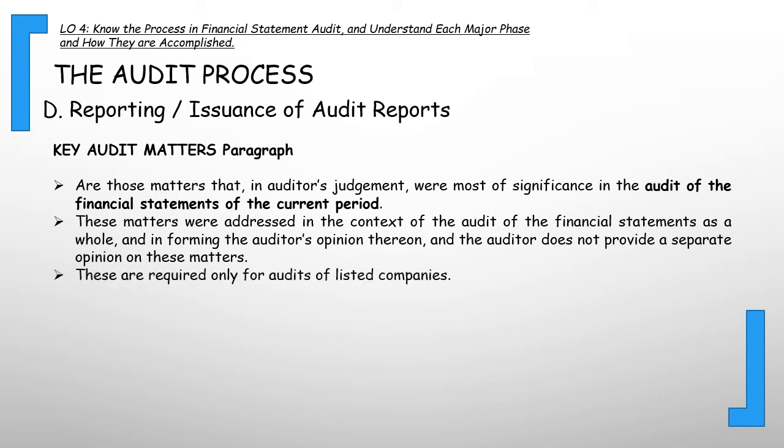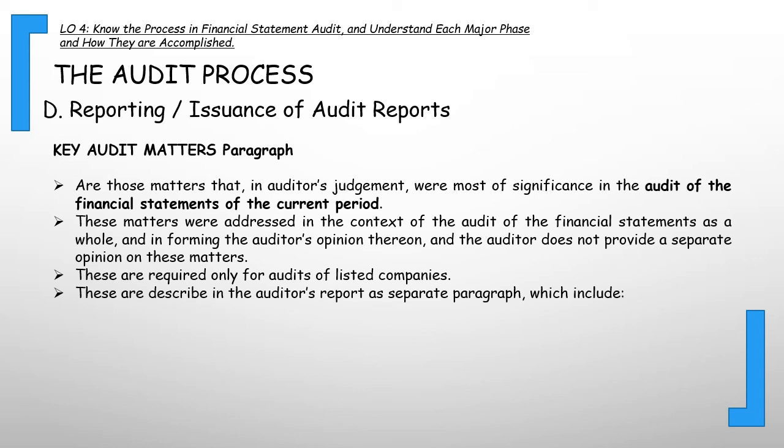These are required only for audits of listed companies. Actually, yung key audit matters, bago lang to nung 2016 ata or 2017 lang to. So, sa audit ng non-listed companies, hindi kailangan maglagay ng key audit matters. Okay?